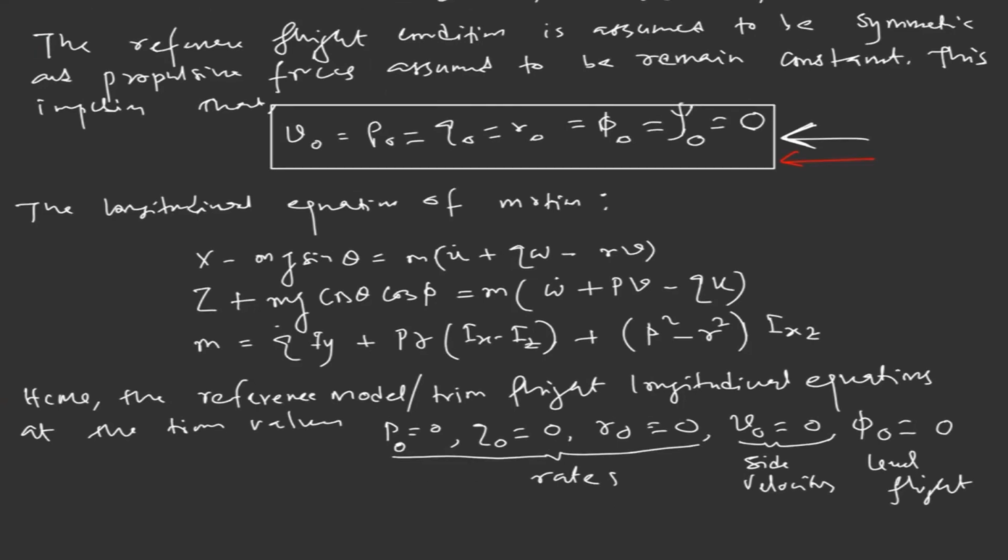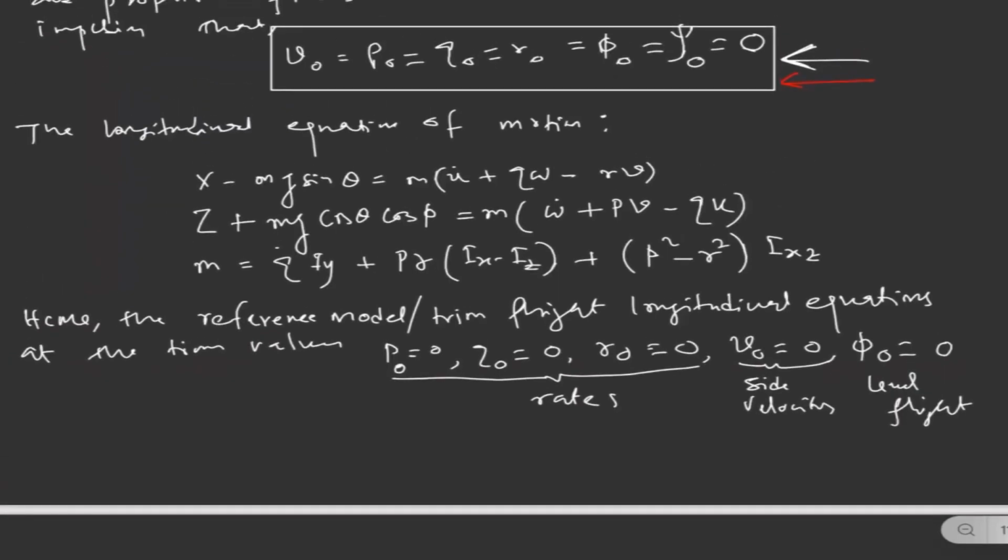Under this condition, the equations of motion of the longitudinal aircraft we can write, let me define this as equation number 1.